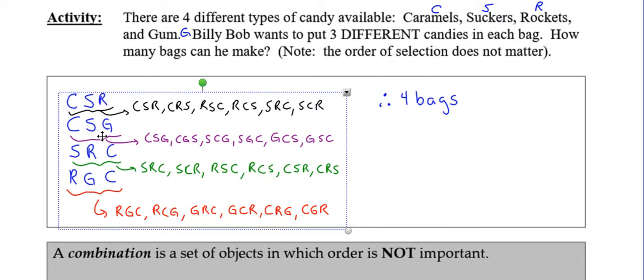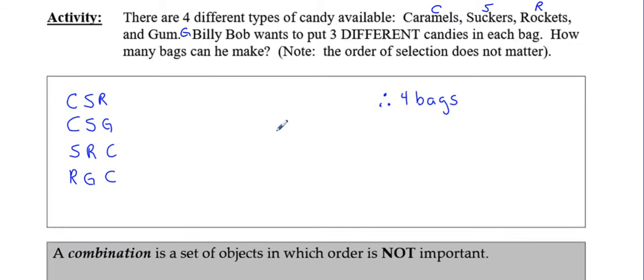So for each of the 3 groups of candies, if you remove the factor of 6, then that's how you get the 4 bags. Now, you're not way off. If you started off by answering there's 4 candies and you're going to make arrangements with 3, that gives you 24.